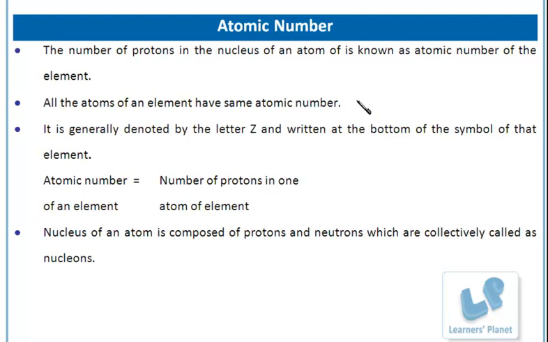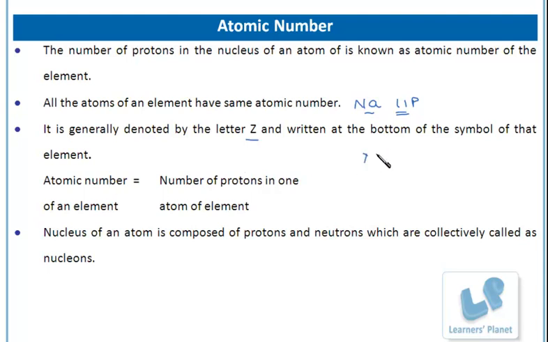For example, take the element sodium. All the atoms of sodium have 11 protons. That is, all the atoms of one element have the same atomic number. It is generally denoted by the letter Z.